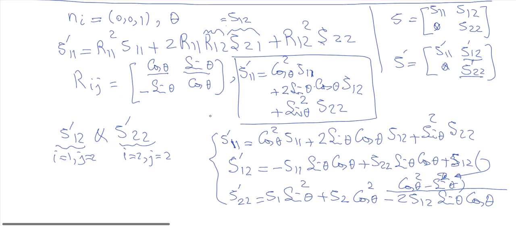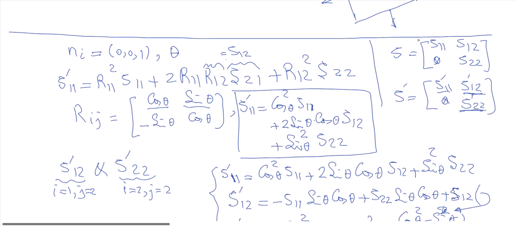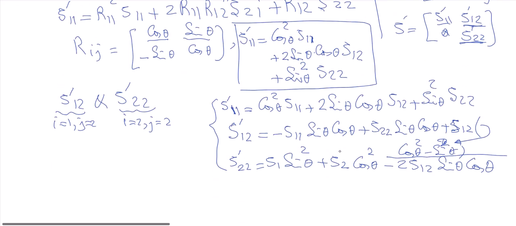So once you have theta, you can simply calculate each component of this rotated stress tensor in the rotated coordinates. This is for this case. If you have a three-dimensional case, the rotation matrix will become three-dimensional and our components will be 3 by 3. So easily you can do the same. You will have two more elements to calculate. The bottom line is this.